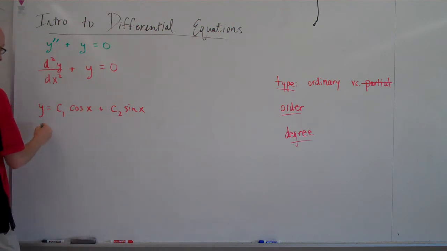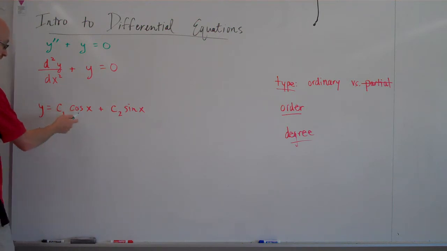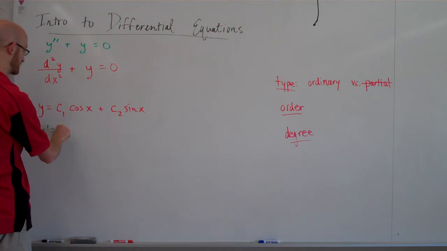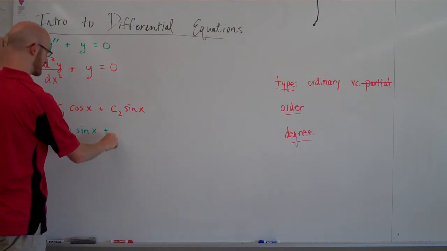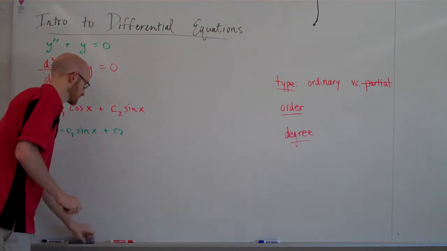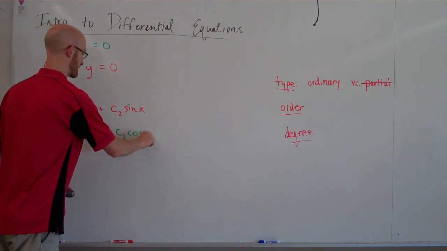So what I'm going to do down here is calculate y prime. And y prime will be, we have a constant times cosine, that'll be negative constant times sine, plus our constant times cosine.